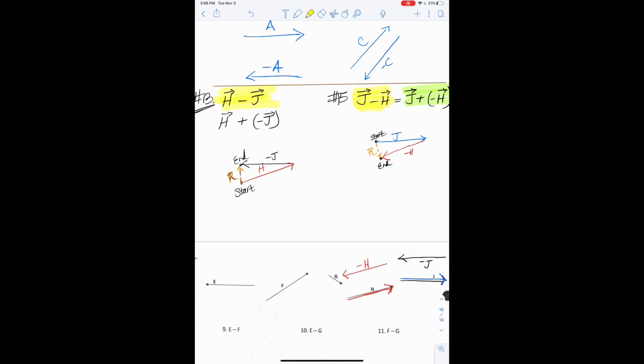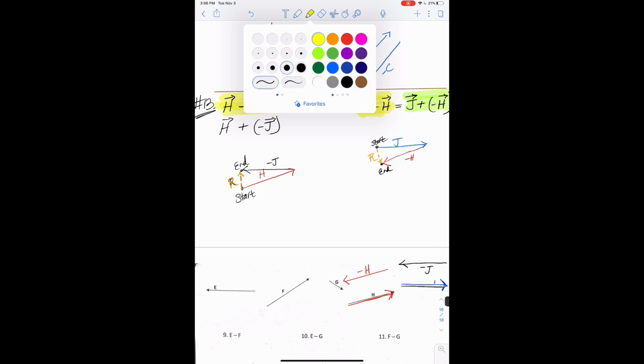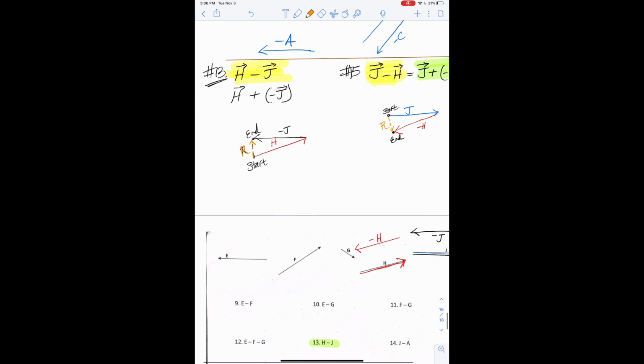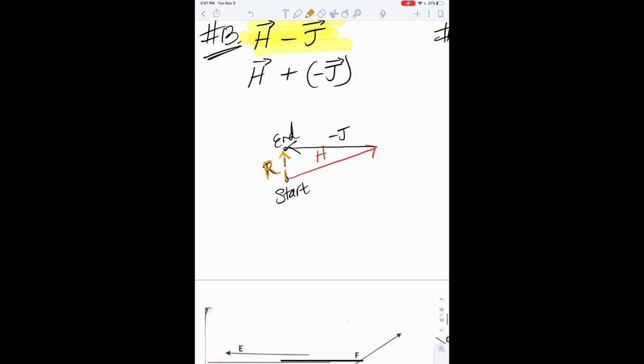Let's look at the resultant at the end. In one case, the resultant, which is orange, let me see if I can find a decent highlighter for this. I don't think I can. I'll just write it in orange. For 13, R is equal to this vector.